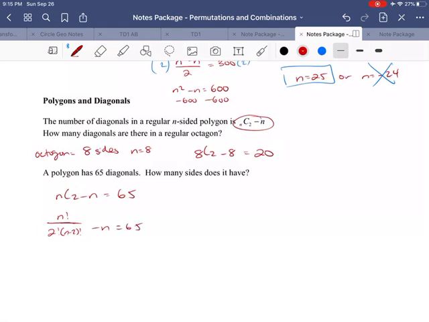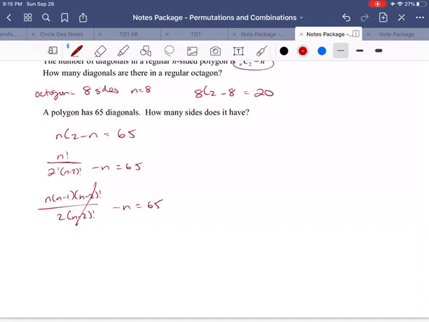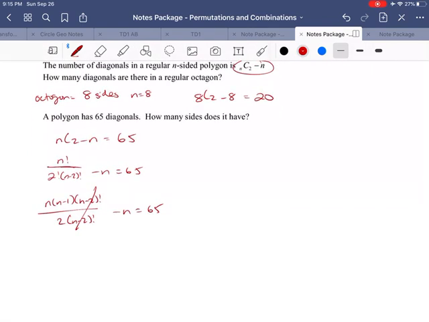We end up with the same thing as the last example, where we have n, n minus 1, n minus 2 factorial over 2, n minus 2 factorial, minus n equals 65.